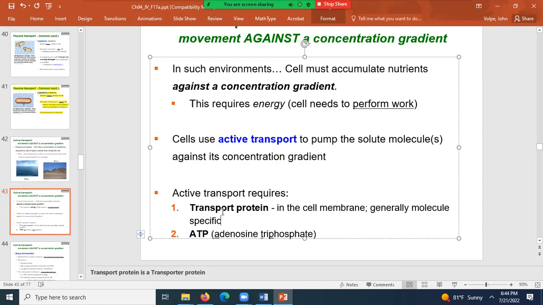And for another molecule, like the amino acid methionine, you have to have another transport protein to move methionine inside the cell. And then you require the use of ATP, which will be broken, and we get the energy from ATP to move the molecule against its concentration gradient. And this is active transport of the molecule.